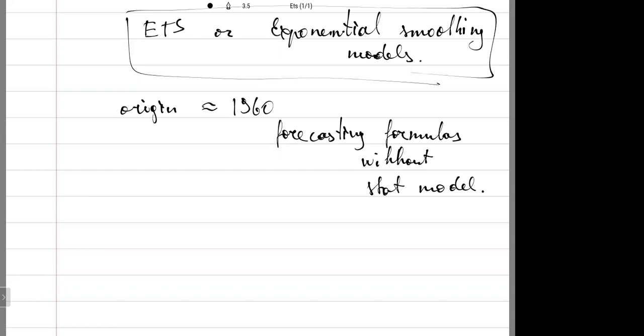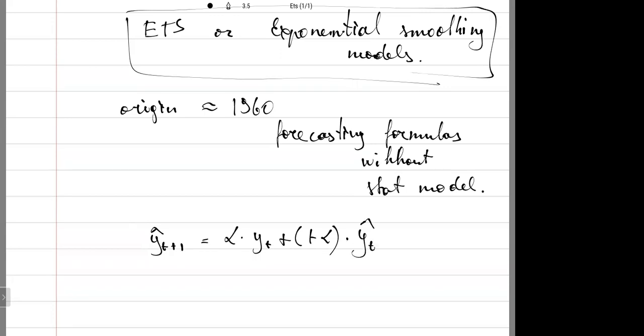So they used just a forecasting formula, something like: let's say my future forecast is alpha times past value plus 1 minus alpha times past forecast.